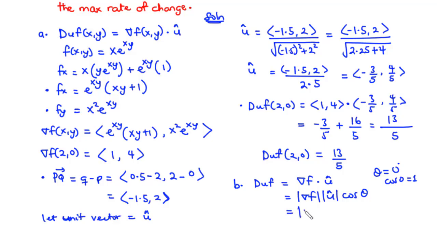That is the maximum value of cos theta. So that becomes the magnitude of the gradient function times the magnitude of the unit vector. Now, the unit vector is a vector which has a magnitude of 1. And so if you have the magnitude of the gradient function times the unit vector, which is 1, then it means that the maximum directional derivative is equal to the magnitude of the gradient vector. So this is what we need.